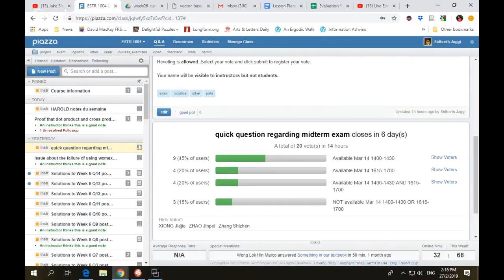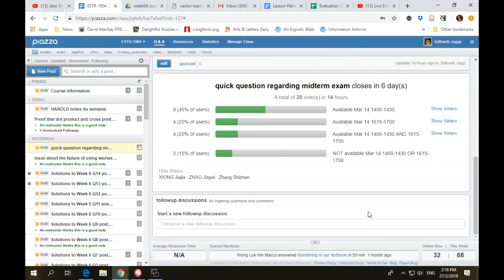So if you're not available before or after, please come talk to me after class. I would ideally like to hold something like maybe 2.5 hours even. So I'd like to see which slots are available, which slots are not available, and try to get something to work out. So Jiajie, Jinpei, and Shujin, please come talk to me.